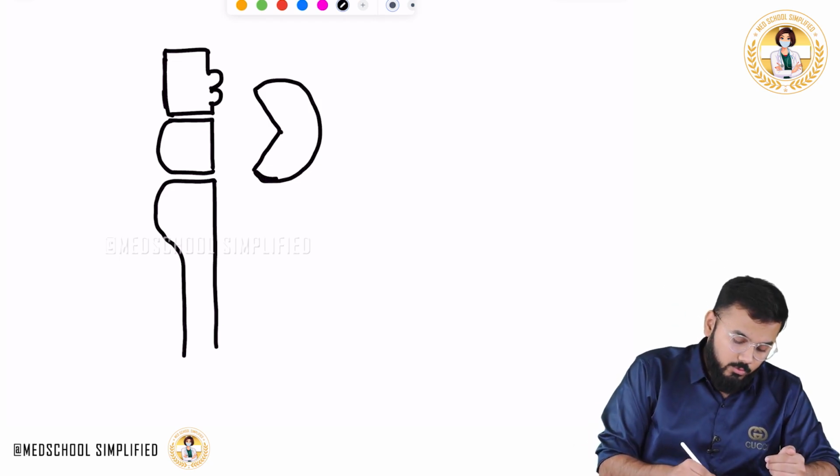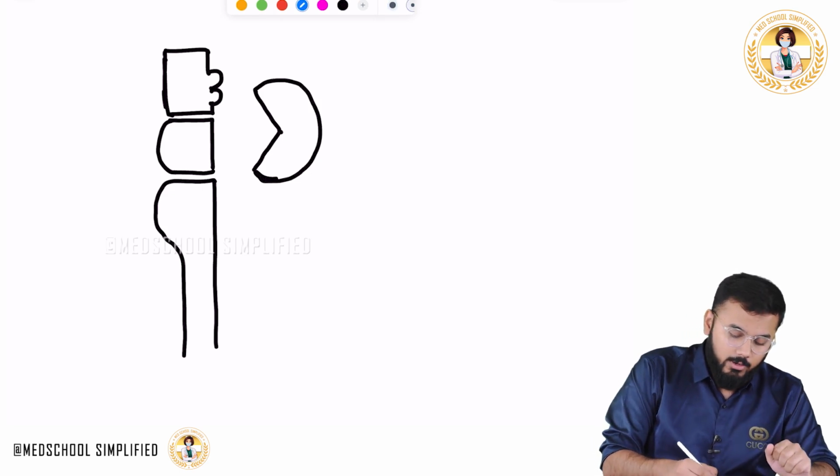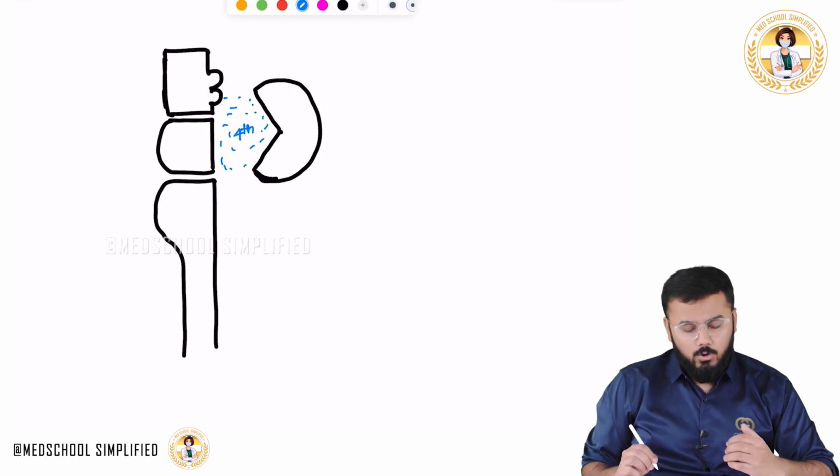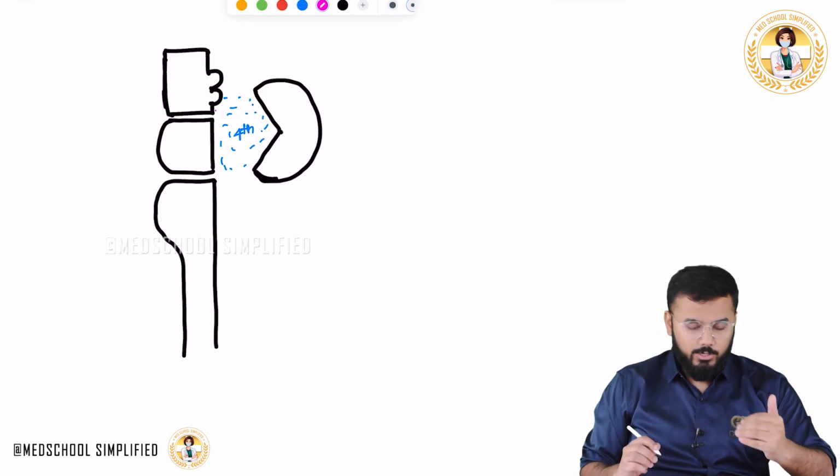Now here, if you look very clearly, this is called your fourth ventricle. This entire part you call your fourth ventricle. Now the fourth ventricle has a floor and a roof.